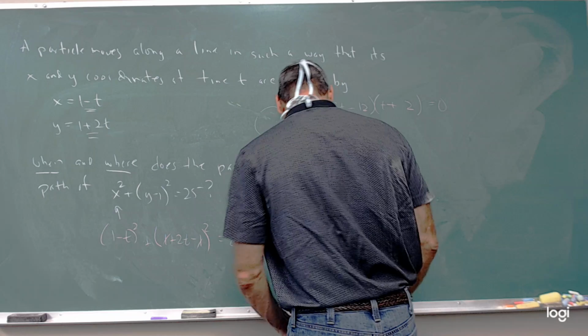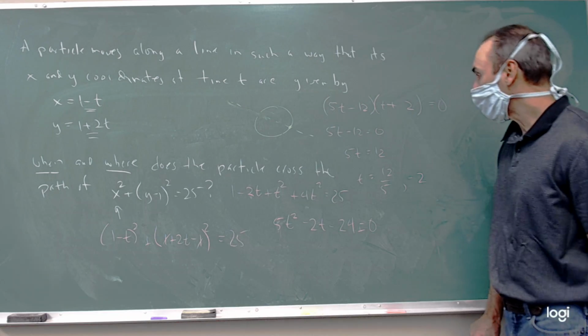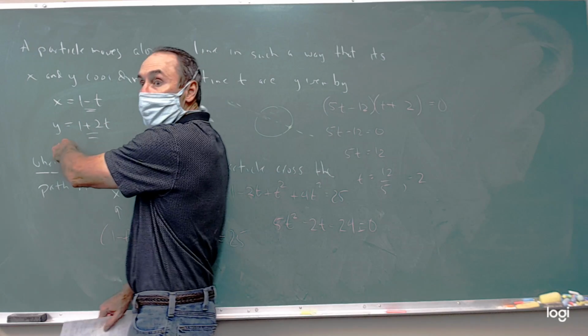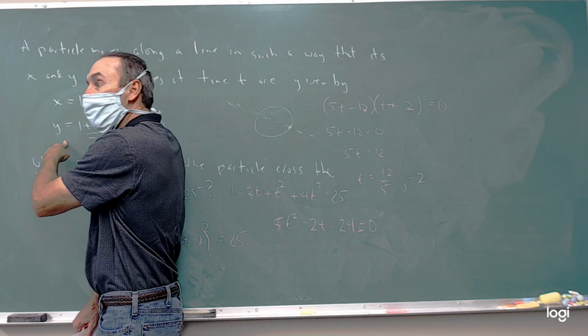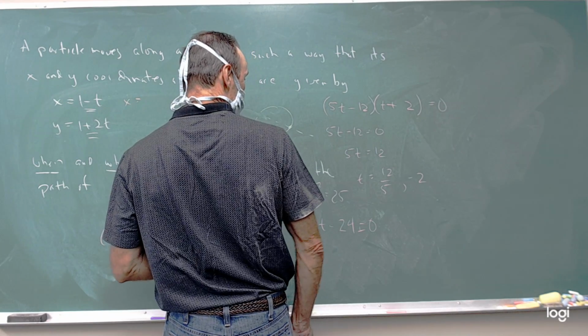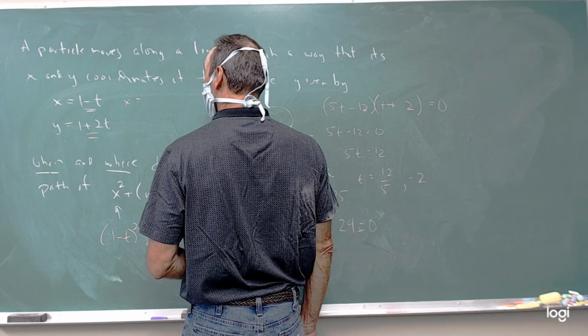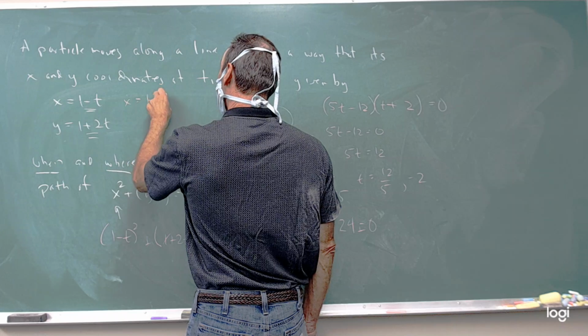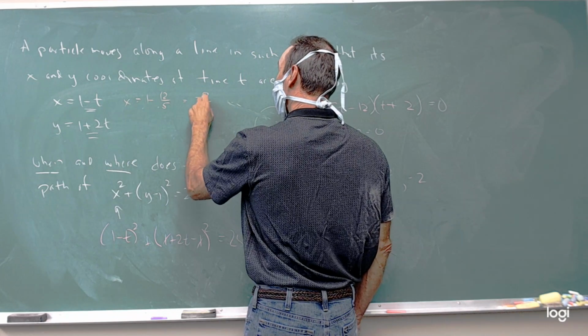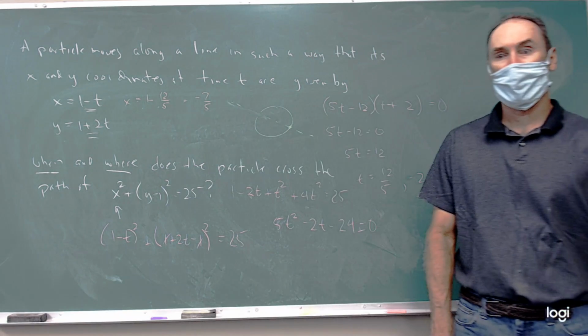Now we need the where. To get the where, we're going to have to go back to where the location is given with x and y coordinates. So x is going to be 1 minus 12/5. So it's 5/5 minus 12/5, that's -7/5. Did I do that right?